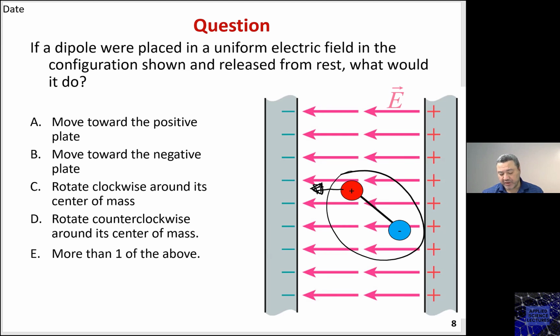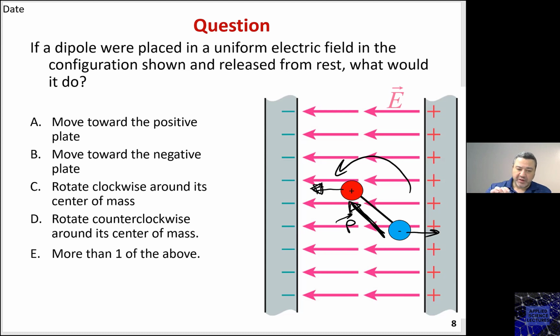Negative charges will be anti-parallel to the electric field, and this is going to cause this dipole to rotate this way to be aligned such that the dipole moment that we have introduced earlier, pointing from the negative charge toward the positive charge, will be parallel to the electric field.